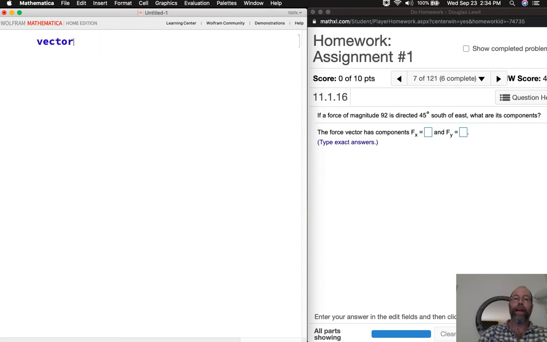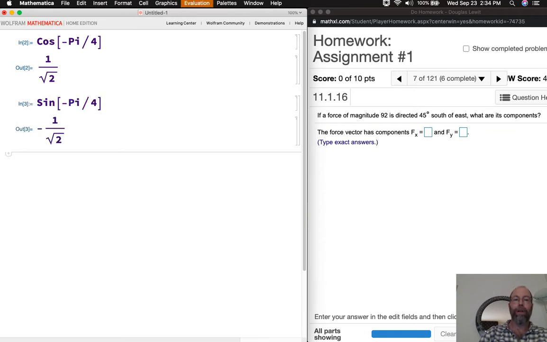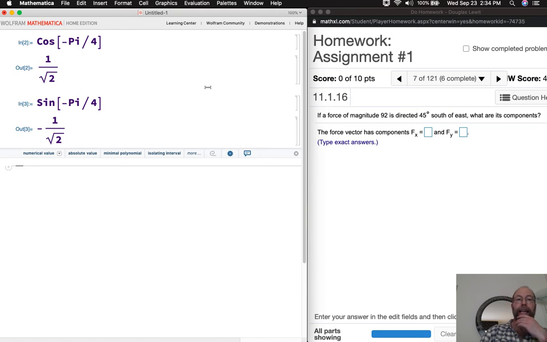So we have cosine of negative pi over 4, that's equal to that number, and the sine of negative pi over 4 is the same number except it's negative. The magnitude of the number is the same, but the sign is reversed.